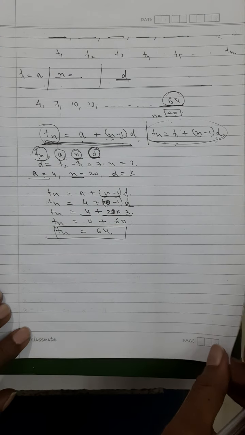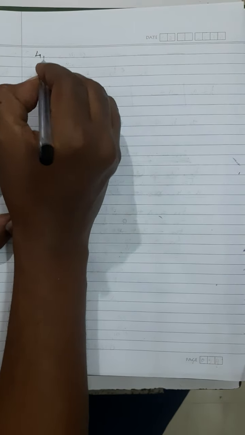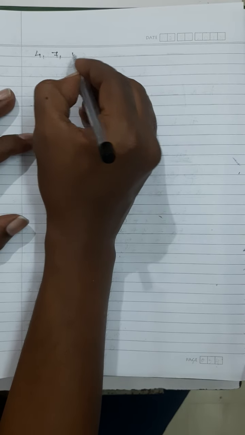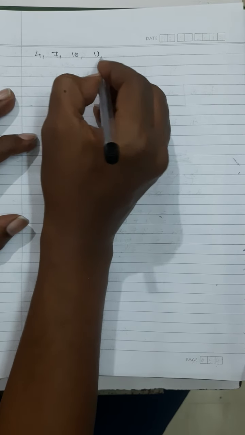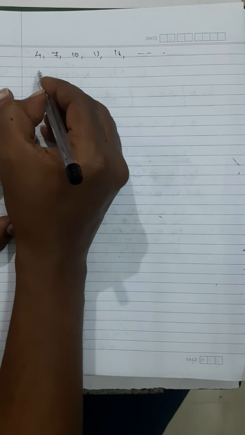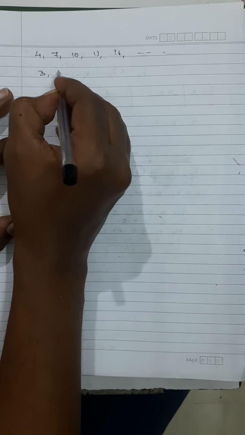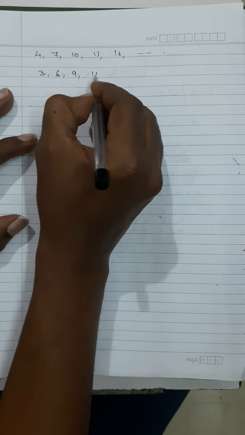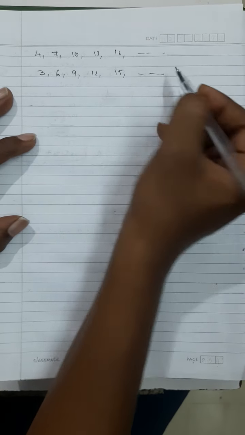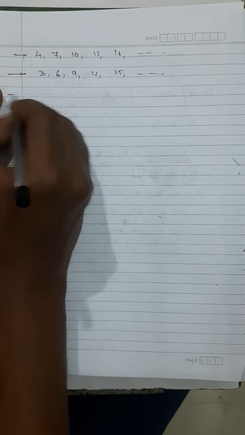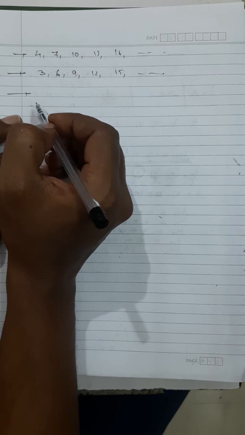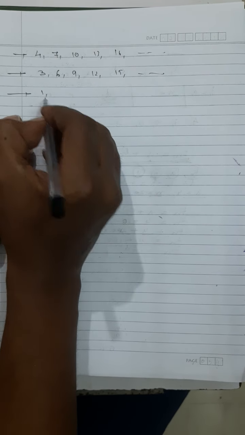What I want to tell you is something different, so I have to explain it. Supposing I have got this, we have seen 4, 7, 10, 13, 16 and so on. Supposing I have got one more arithmetic progression, a second arithmetic progression.